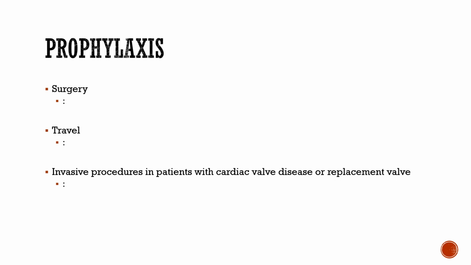They're going to need to take prophylactic antibiotics. So, of course, anybody with history of valvular disease or replacement valves, or even a history of endocarditis, they're going to have to let their dentist know, let anybody that's going to do any sort of procedure on them know that they have this history, and then follow their recommendations as far as prophylaxis is concerned.